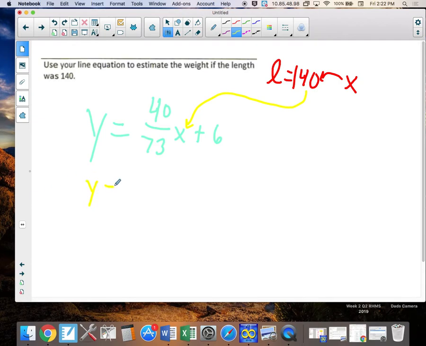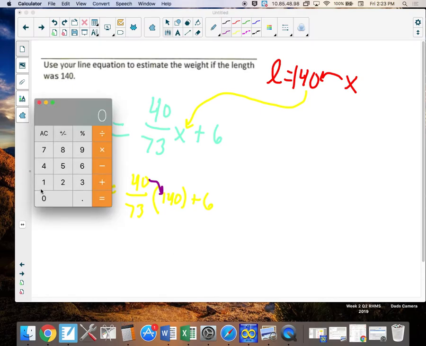So y is equal to 40 over 73 with 140 in for x plus 6. Simplify our fraction here, so we're going to multiply 40 times 140. Grab a calculator here. 40 times 140, and we get 5,600.